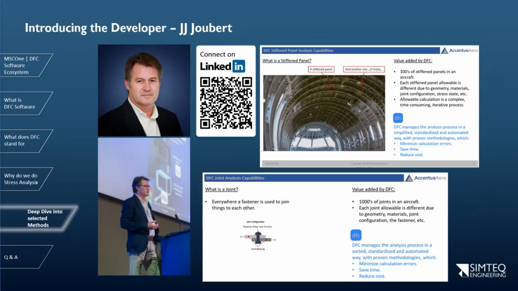So for today, we've identified two methods, one being stiffened panels, which is a very common aerostructural design component we see in the aerospace industry, as well as fasteners.